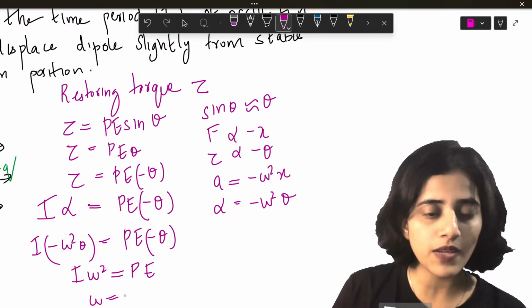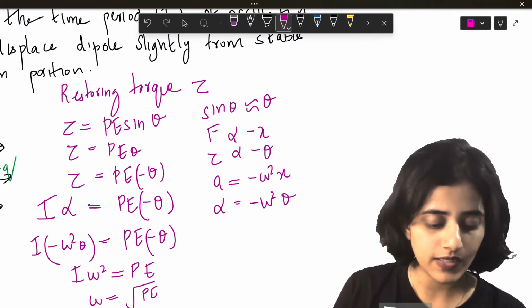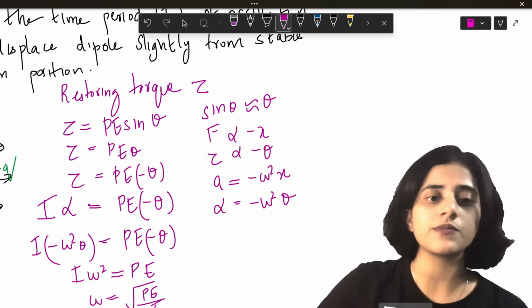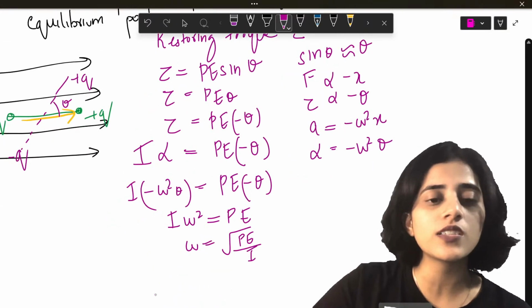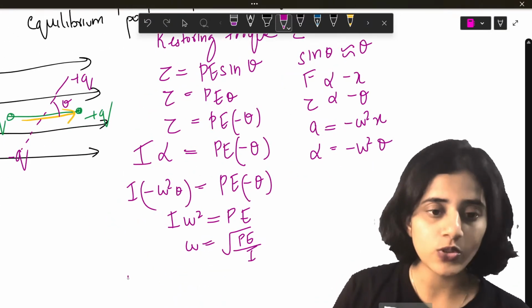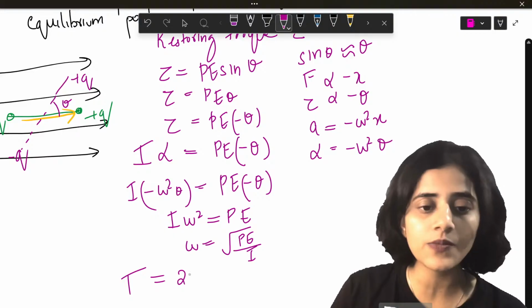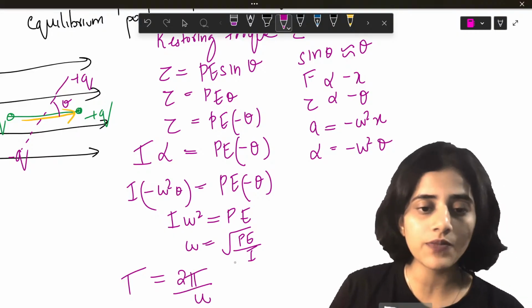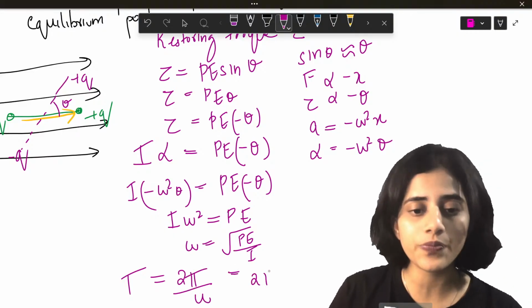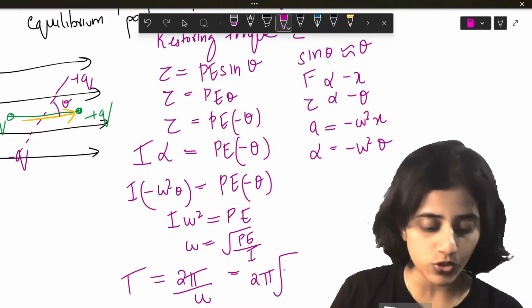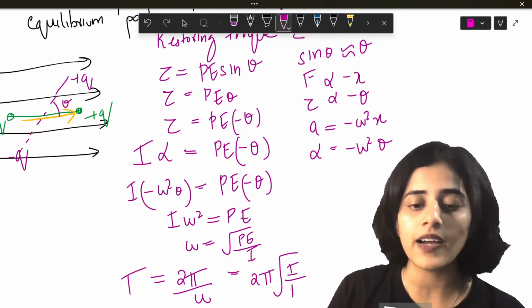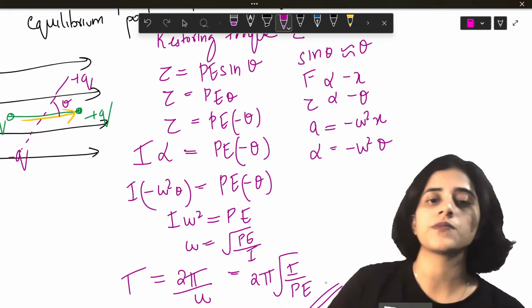Now from this, omega is square root of PE by I. Now the question is to find out the time period, right? So time period generally is 2 pi by omega. So this is going to be equal to 2 pi square root of I by PE.